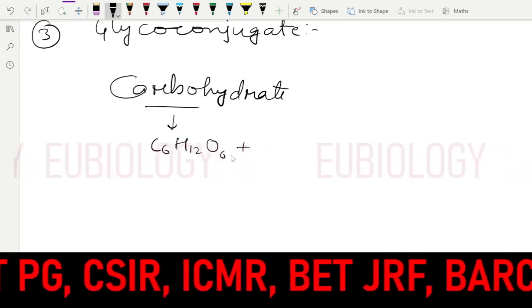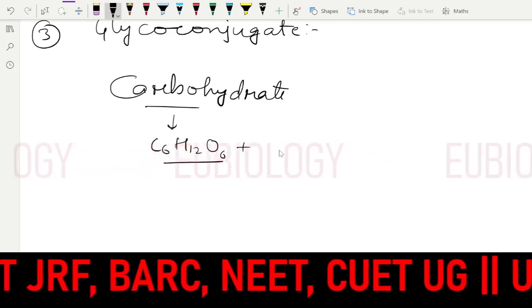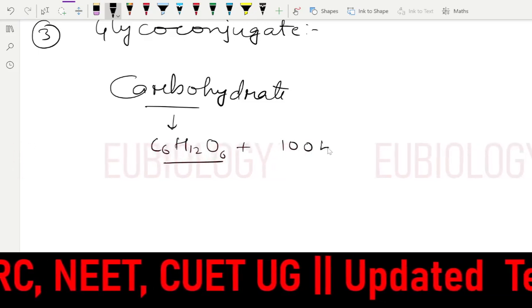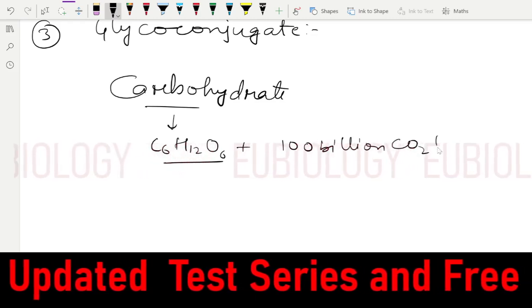Do you know this sugar is synthesized daily using hundreds of billions of metric tons of CO2 and H2O?